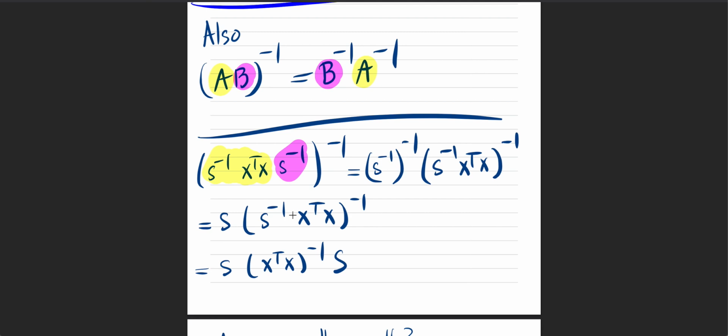And then S inverse inverse is S, and then we have S inverse X transpose, and then we do the same thing again.